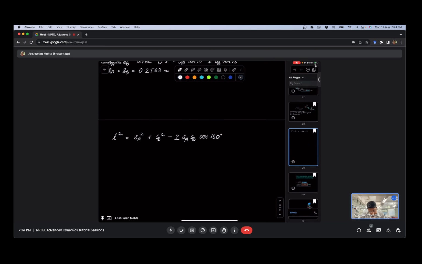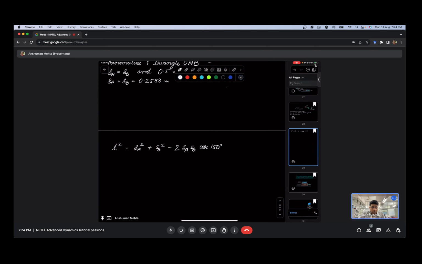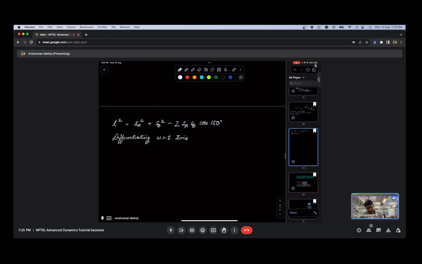So if we differentiate it with respect to time, L square is constant and it will be 0.